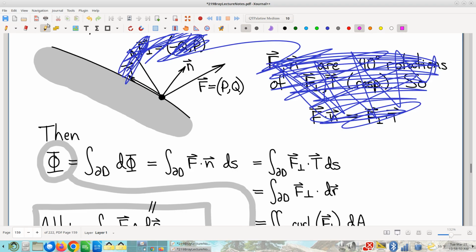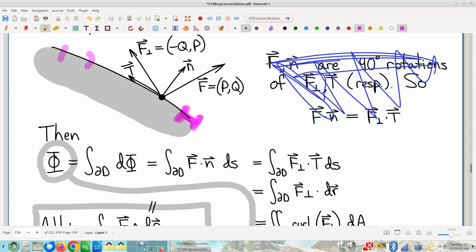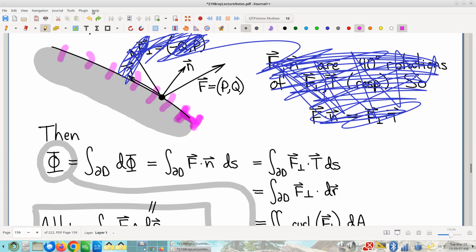On each little piece of curve, such as this little purple piece right here, it's approximately a line segment, isn't it?